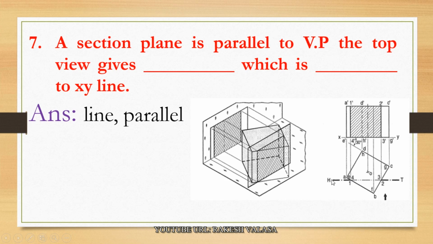It appears like one horizontal line in the top view, and in the front view it gives the true shape. So a section plane is parallel to VP and the top view gives a line which is parallel to the XY line. You can see here this HT is parallel to XY or parallel to VP.